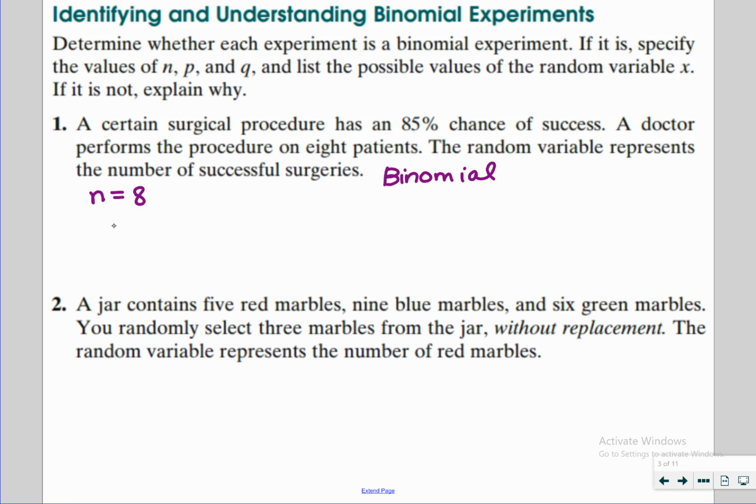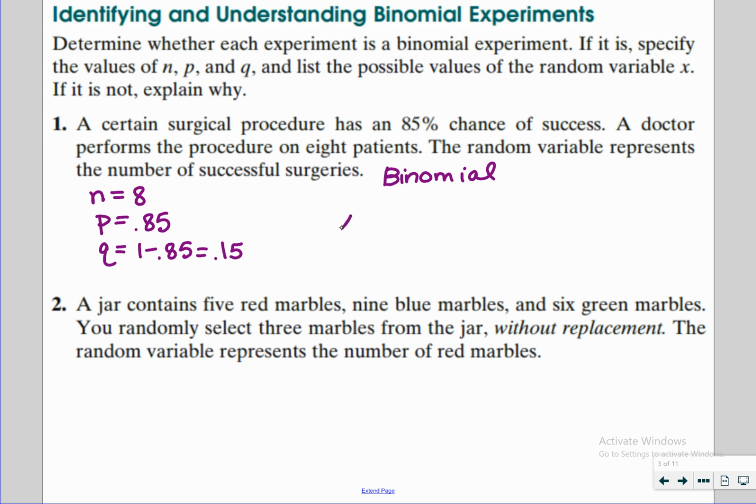Okay. P is the probability of success of any one trial. So in this case, 0.85 or 85%. Q is the probability of failure of any one trial, which is the complement of our success probability, 1 minus 0.85. So 0.15.